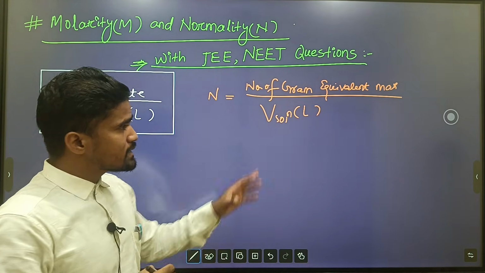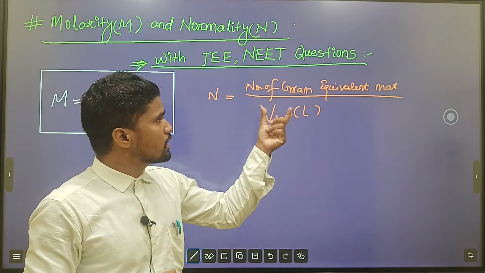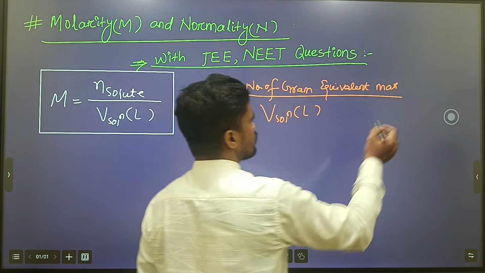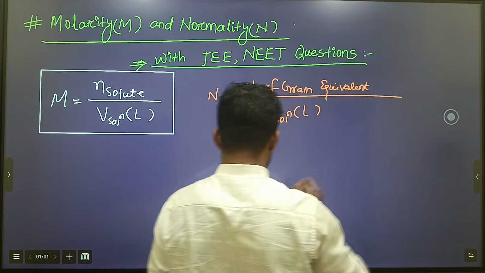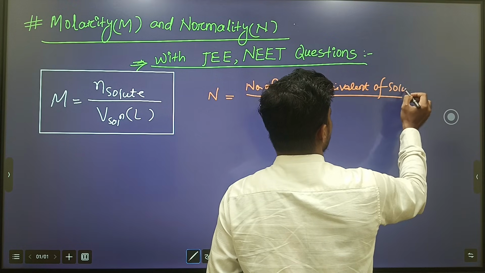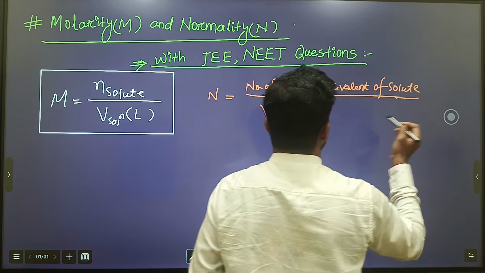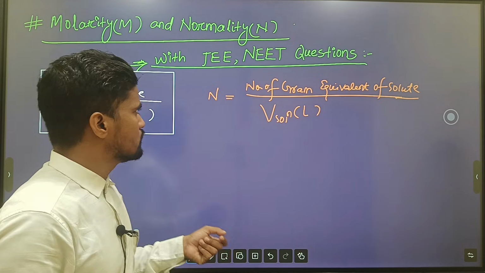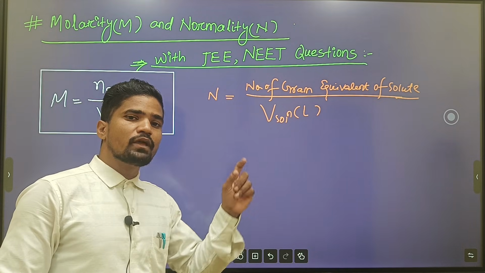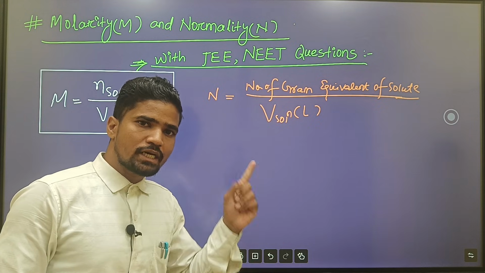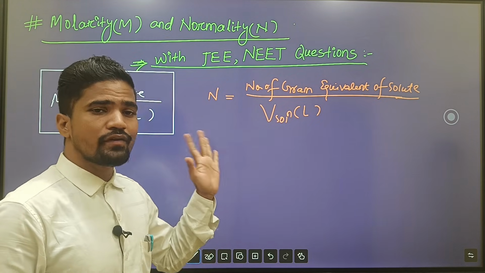Okay, so this is the normality, number of gram equivalent of solute, we can say. So this is the normality or normal solution. That means the number of gram equivalent of solute present in 1 liter of the solution. That is the normality of any solution.